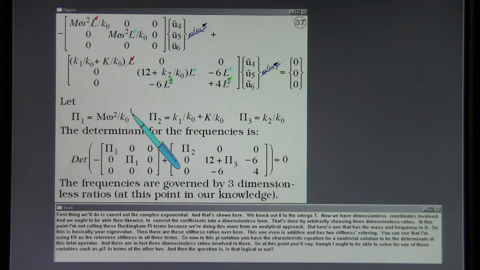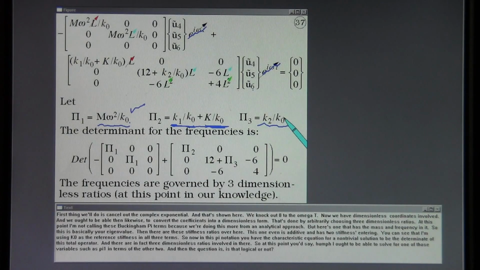But here's one that has the mass and frequency in it, so this is basically your eigenvalue. Then there are these stiffness ratios over here. This one even is additive and has two stiffnesses entering. You can see that I'm using K0 as the reference stiffness in all three terms.